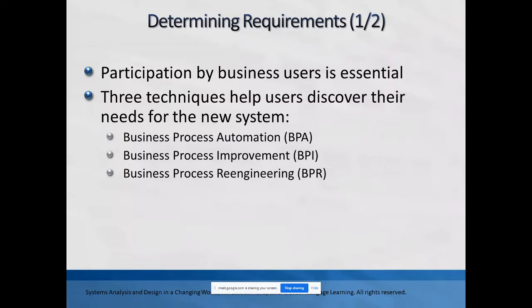So let's look at an example here. If I run a warehouse, and in that warehouse I have a process by which when new shipments come in, the person that runs the warehouse has a notepad and they write down the contents of the shipment, and then they put that in a filing cabinet.